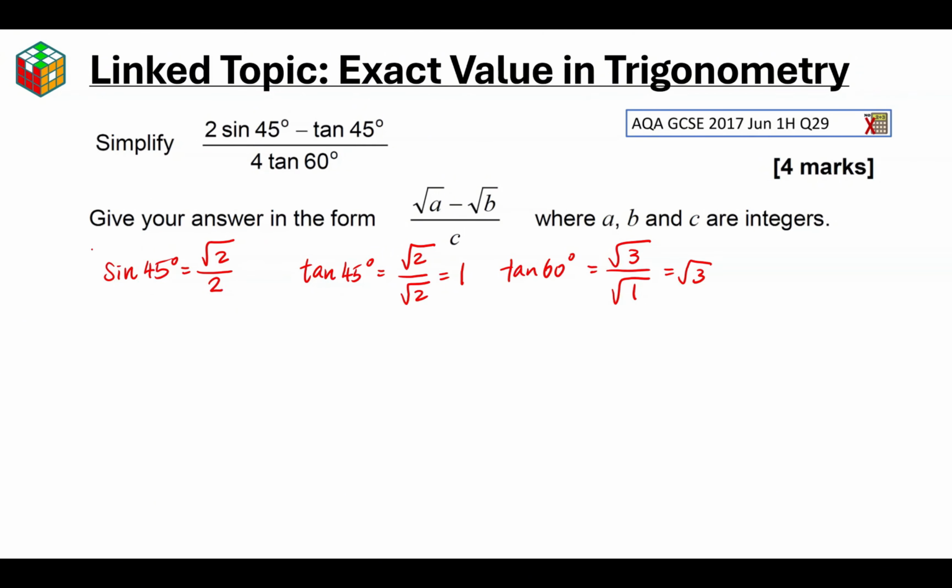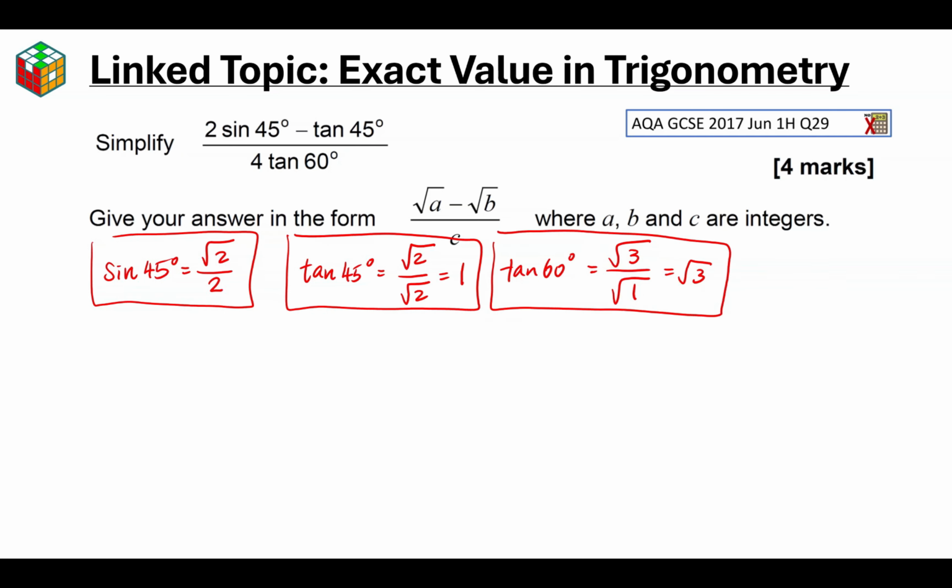So I have done 3 things to help me get at least some of the marks. And I'm going to use this knowledge to replace the values here. So 2 times root 2 over 2, that is my 2 sine 45. What I can do is make it 2 over 1.